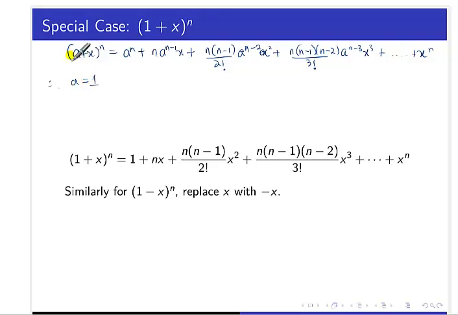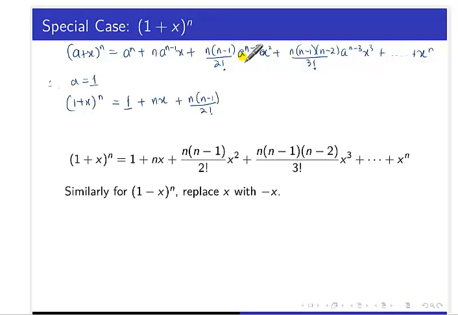So when e is equal to 1, this expression here becomes 1 plus x all to the power n. So at this point, all our e's are going to be replaced with 1. So 1 to the power n will give us a 1 plus n. This 1 to the power n minus 1 is also a 1. So we have x plus n minus 1 all on 2 factorial.